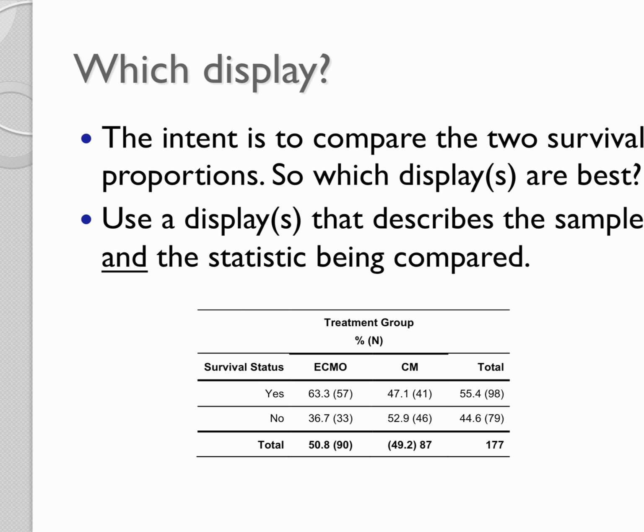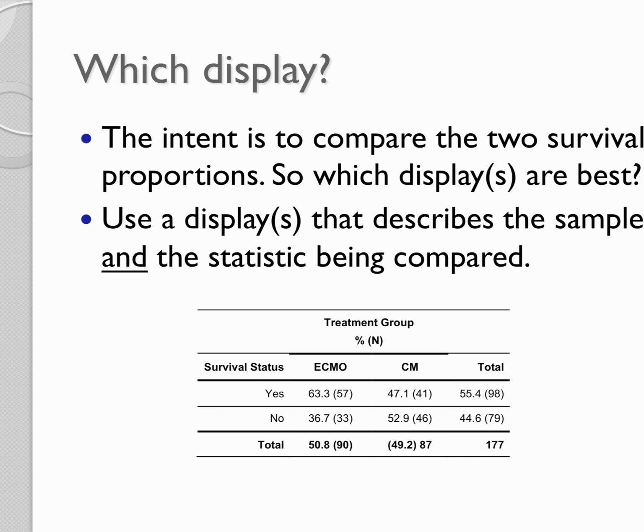Probably the best table is one that actually looks at the status with the percent and the N. People tend to understand percentages more than proportions, and so this puts it in terms of something that they can really understand. We can also show the total ECMO group and the total CM group and the proportions in each of those.